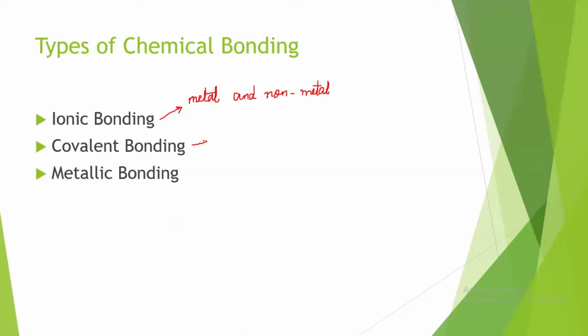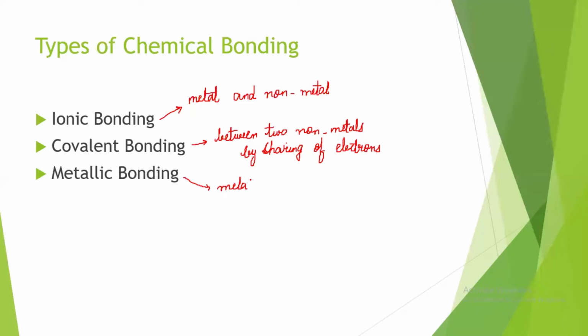And covalent bonding occurs between two non-metals by sharing of electrons. This is metallic bonding, which occurs in metals. Okay, so let's move further.